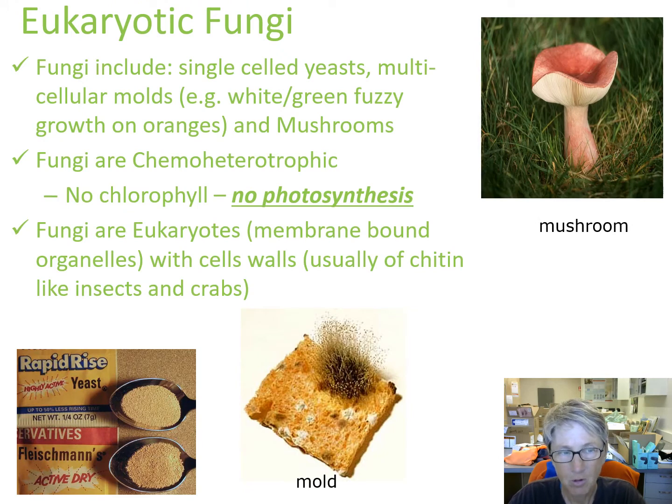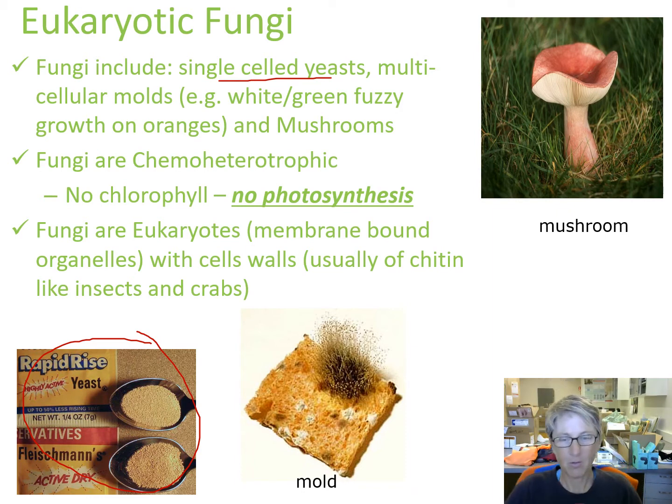Eukaryotic fungi include yeast, and yeasts are single cells. And down here in the corner, here's a photograph of rapid rise yeast. So if you've ever tried to make homemade bread, you know what that is. Also, eukaryotic fungi include cellular molds. So here's a delicious piece of bread with this mold growing on it.